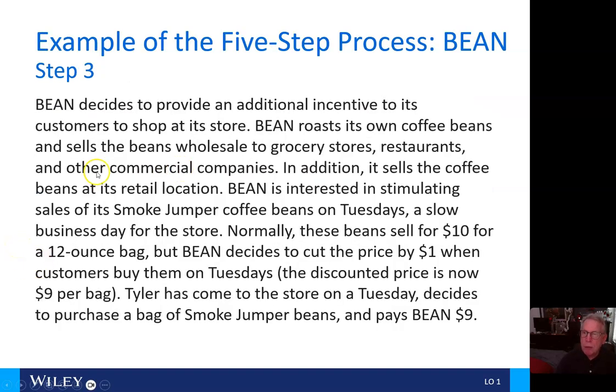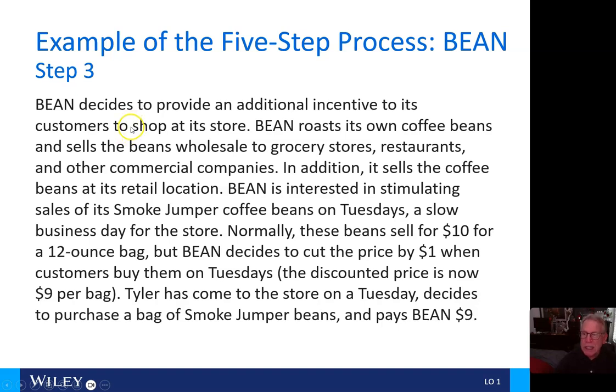Okay, step number 3. Bean decides to provide an additional incentive to its customers to shop at its store. Bean roasts its own coffee beans and sells the beans wholesale to grocery stores, restaurants, and other commercial companies. In addition, it sells the coffee beans at its retail location.